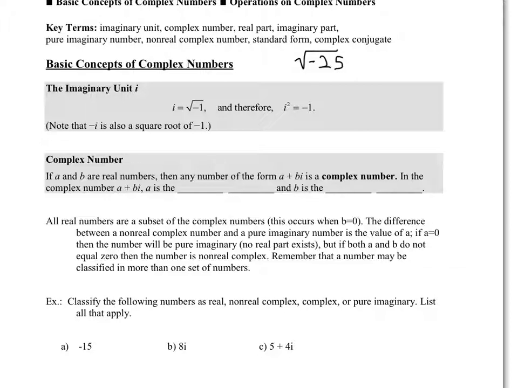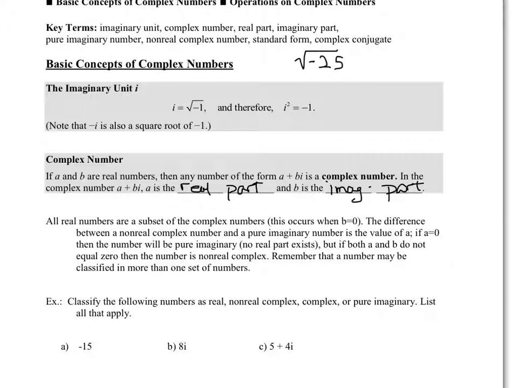So in other words, I can have a real number part and I can have an imaginary number part, and they would be added together. When that happens, we have a complex number. So in the complex number a + bi, a is the real number part, and the b is the imaginary part, or the coefficient of the imaginary part.